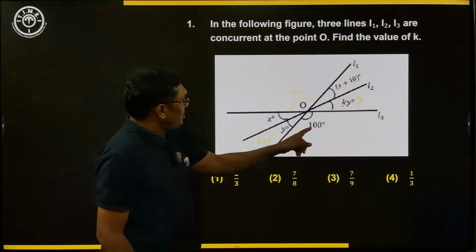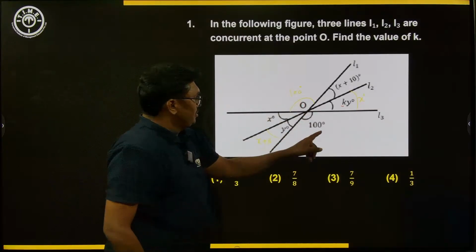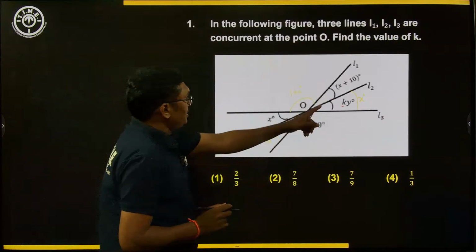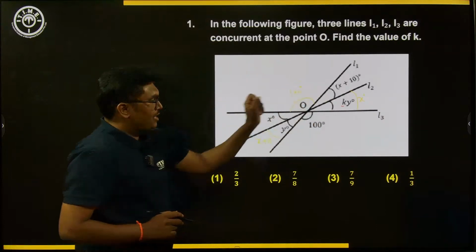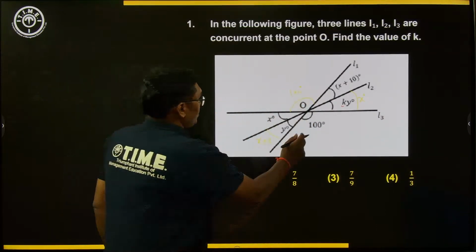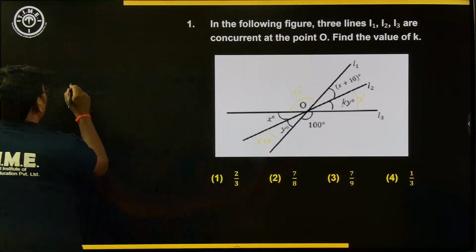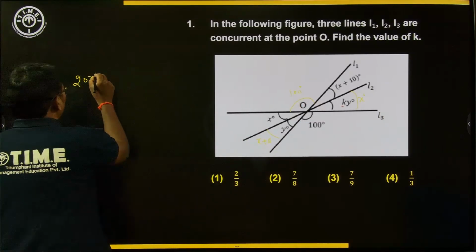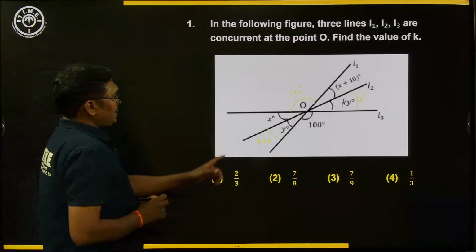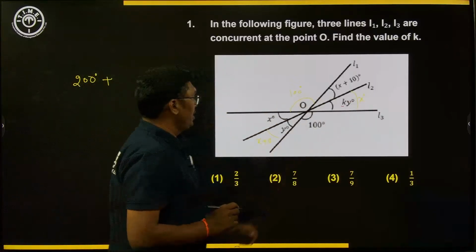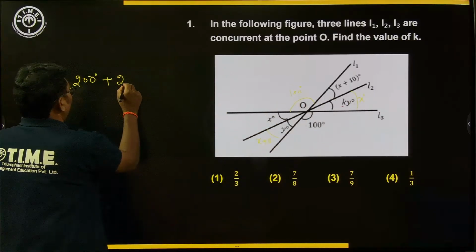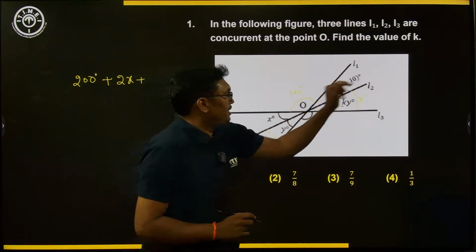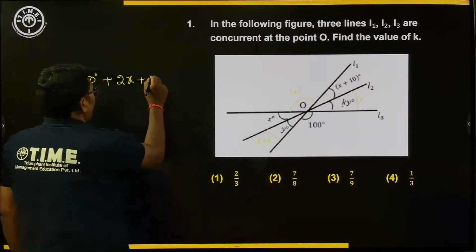Now this is 100 degrees. So what is the total angle? Complete angle is 360. So the sum of all these angles is 360. So 100 plus 100, 200 degrees, plus this is x, 2x, and this is x plus 10, this is x plus 10, 2x plus 20.